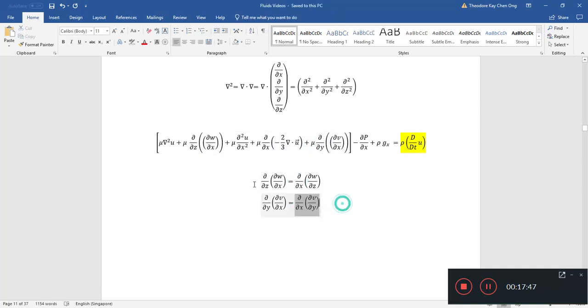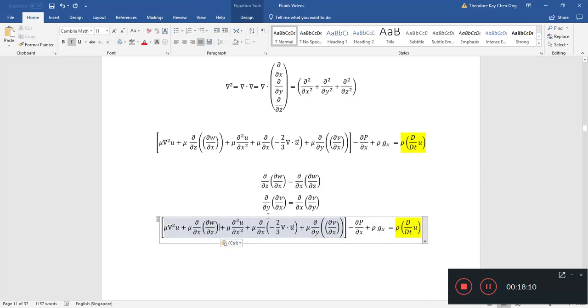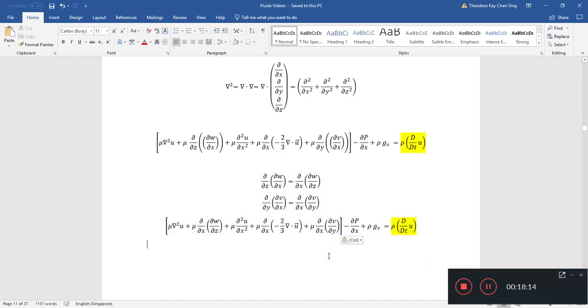This is something I'm not going to go through in this video, but you should already know, doing this partial differentiation, no matter how you do your derivatives, it doesn't really matter. So I'm going to copy and paste it here. And then I'm going to rewrite this like so.